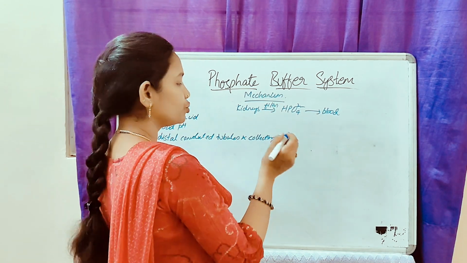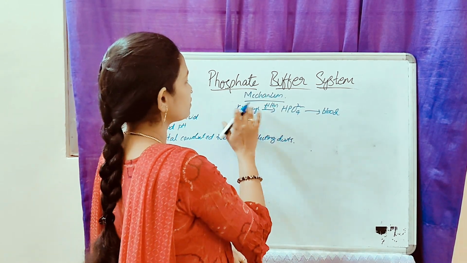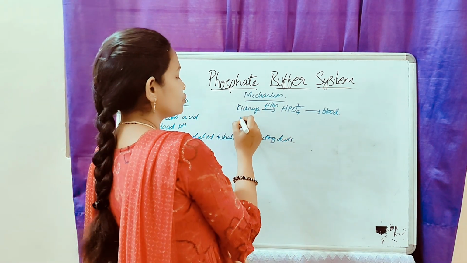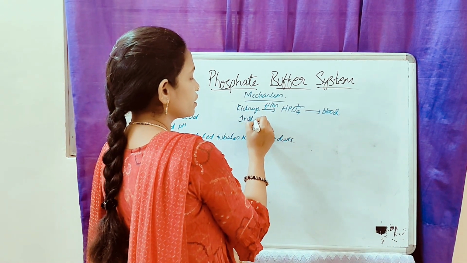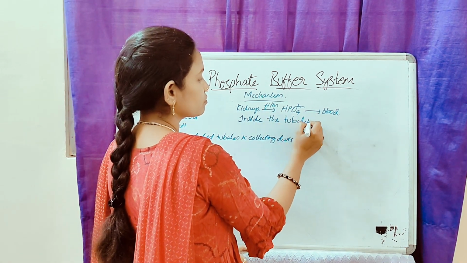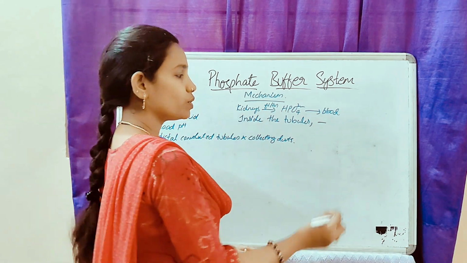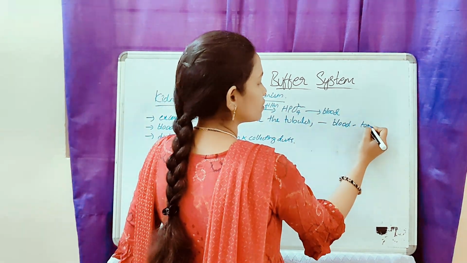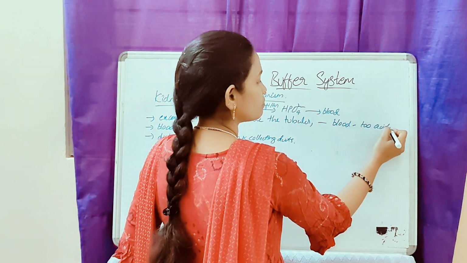So inside the tubules, this working mechanism is happening inside the tubules, right? So here inside the tubules, if the blood is too acidic, what will happen?